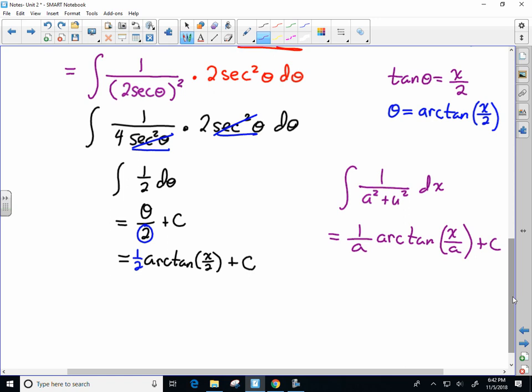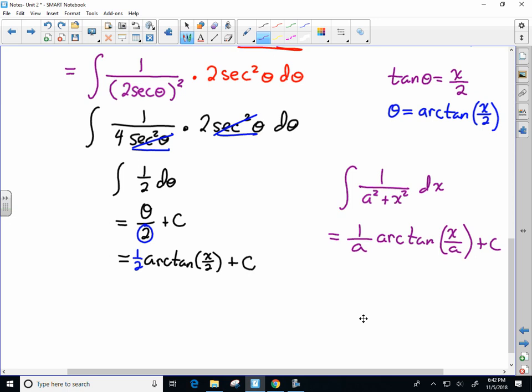And actually, I should be more clear about this. It's not really the general rule. It only worked because the u was equal to x. So it's really 1 over a squared plus x squared. But it allows you to deal with cases where it looks an awful lot like the arctan derivative, just you're off by a constant instead of a 1.